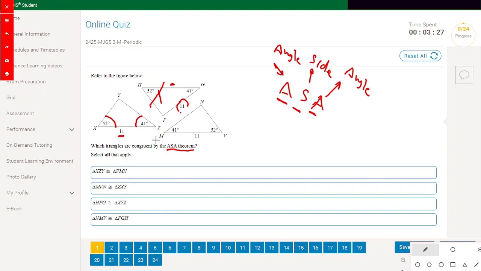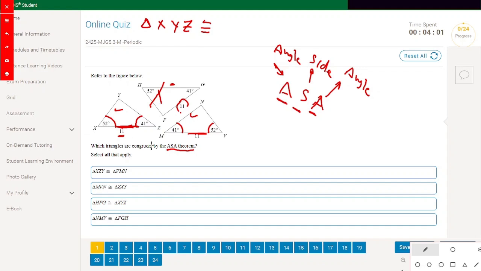Now here, let's see the M and V. So I have X 52 and I have V 52. Now the other angle is 41 and the angle M here is 41, and the side is 11 here and the side is 11 here. So these two triangles are congruent. Now, here we can say XYZ triangle will be congruent.